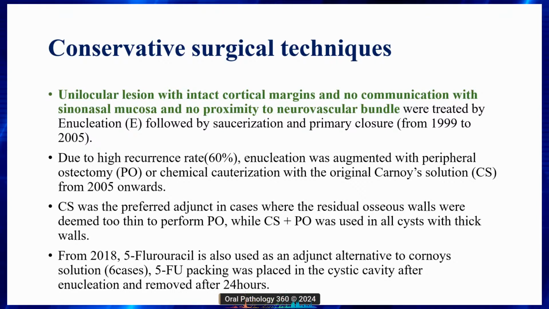Chemical cauterization only was used where the residual osseous walls were thin, and peripheral ostectomy was used along with enucleation and chemical cauterization where the bony walls of the cysts were thick. From 2018, 5-fluorouracil is also used as an adjunctive alternative to Carnoy's solution after enucleation. And 6 of the patients have completed the 5-year follow-up.